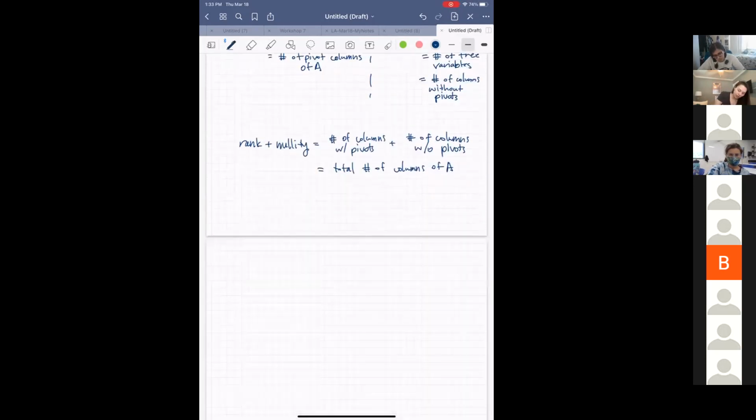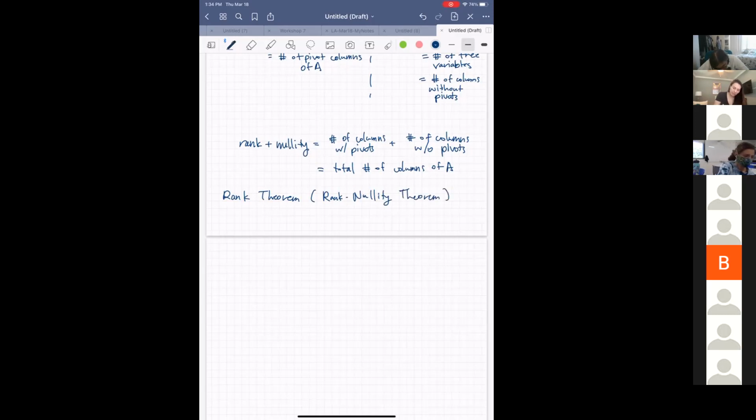Well, the textbook calls it the rank theorem, but I'll probably call it the rank nullity theorem just out of habit.